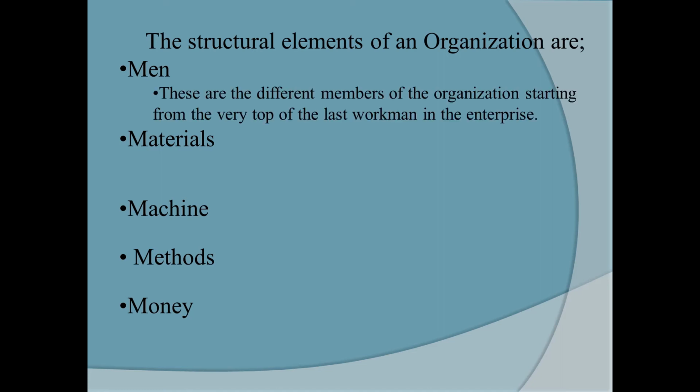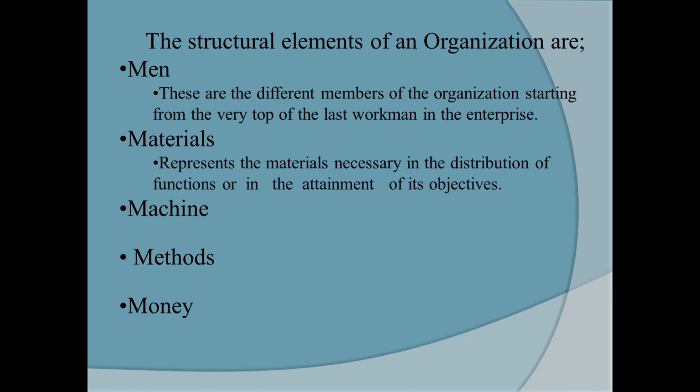So men: these are the different members of the organization, starting from the very top to the last workman in the enterprise. Of course, an organization needs materials that represent what is necessary in the distribution of functions or in the attainment of its objectives.